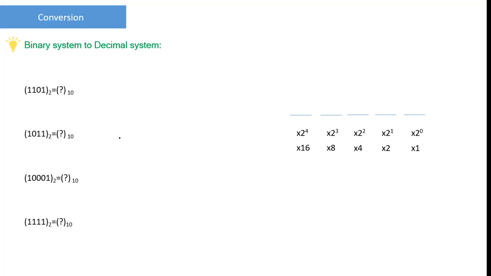Now in the same way, moving on to the next question, which is 1011. So we have 1011. So 1 times 1 is 1, plus 1 times 2 is 2, 0 times anything is 0, 1 times 8 is 8. So this is 8 plus 2 is 10, plus 1 is 11. So here the answer is 11.